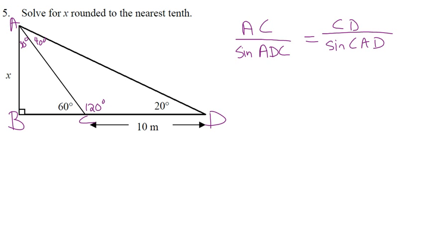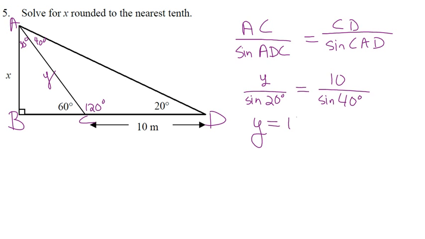So let's call it Y. Y over sine ADC, 20 degrees, is equal to CD, 10, over sine CAD, 40 degrees.